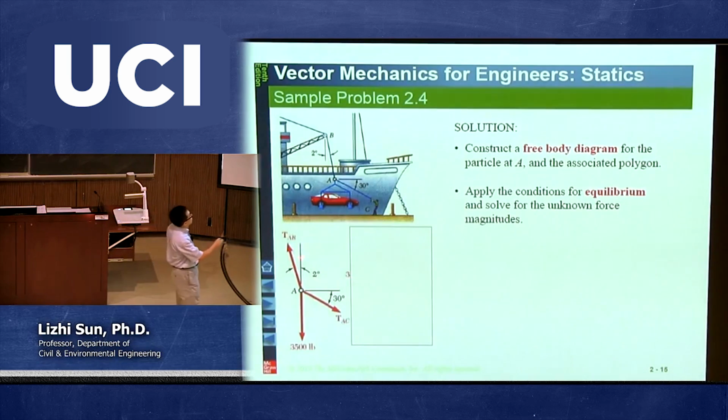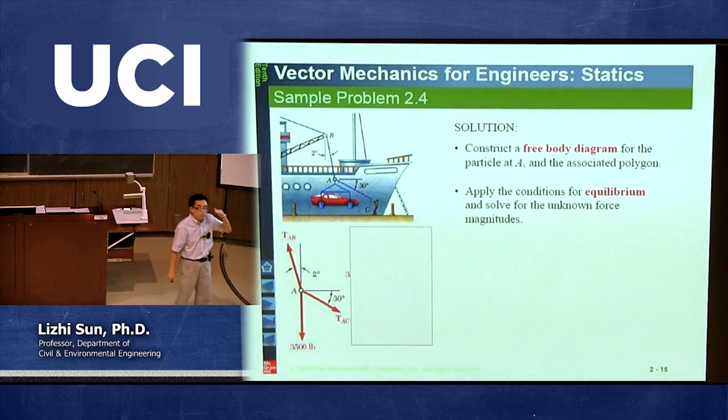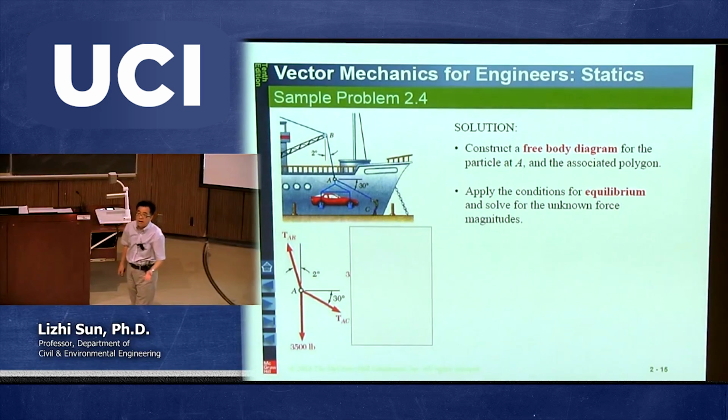Then we plot something like this, which is called the free body diagram. Once we have this, the 2 governing equations are developed based on it, not on the original picture, because in the original picture you don't see the real forces. But in the free body diagram, you see all the forces.